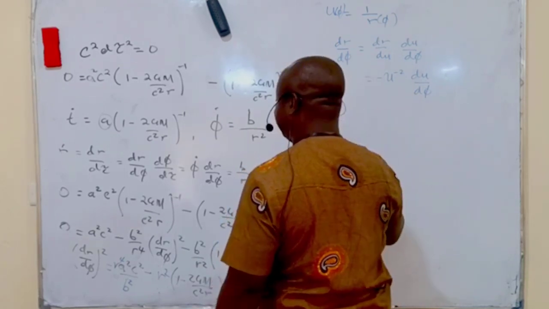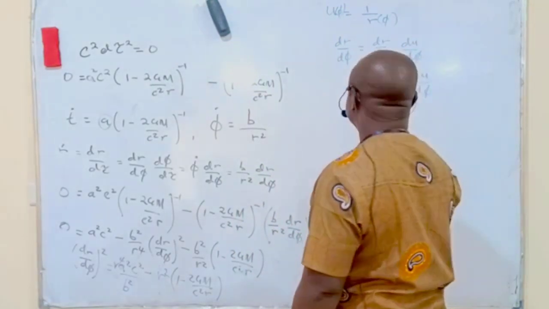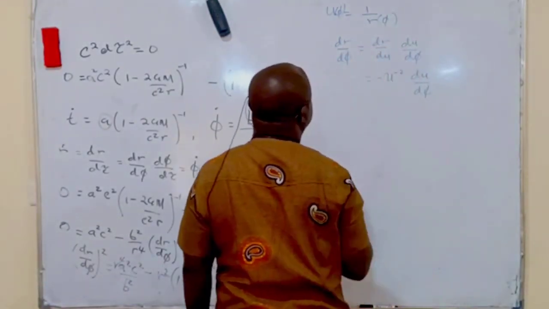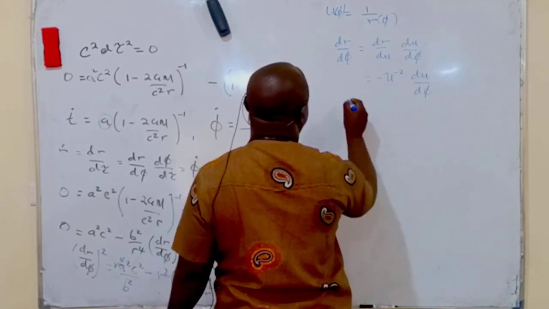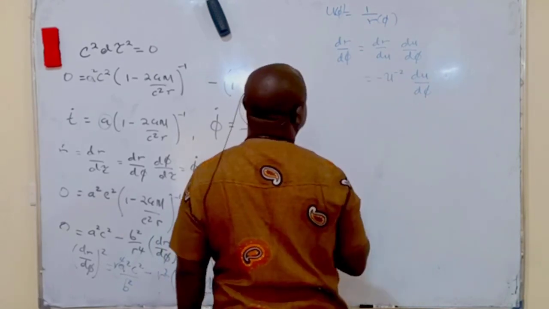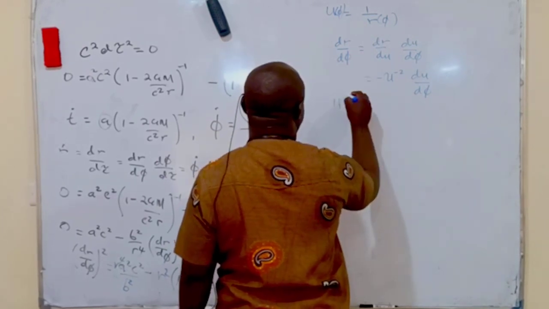So our dr dphi will be all of that squared. So when you square this, what do you have? You have u to the power minus 4.